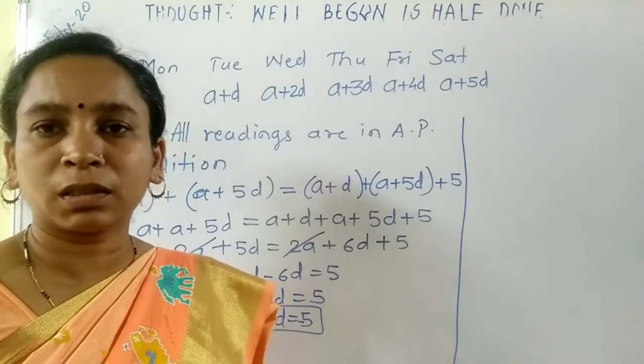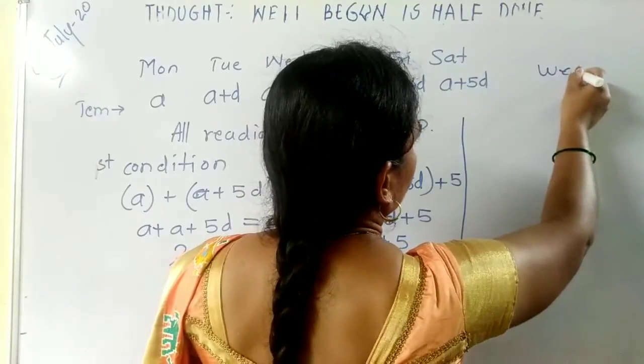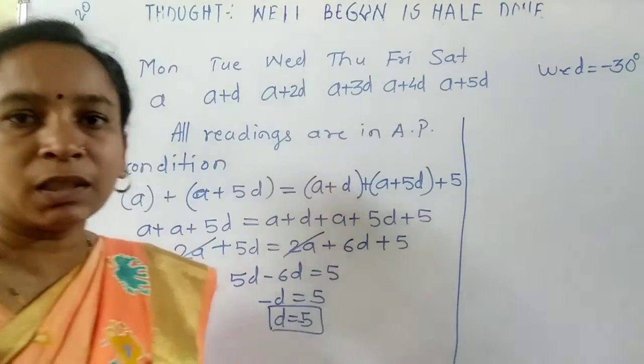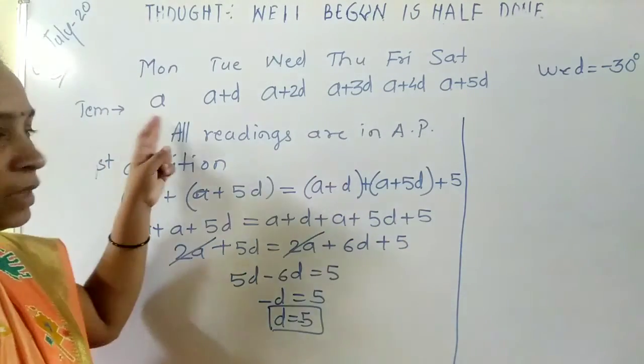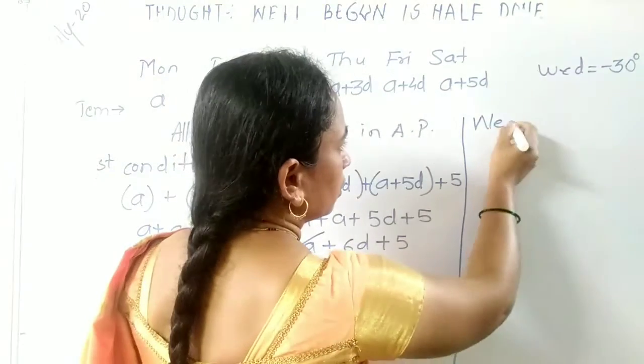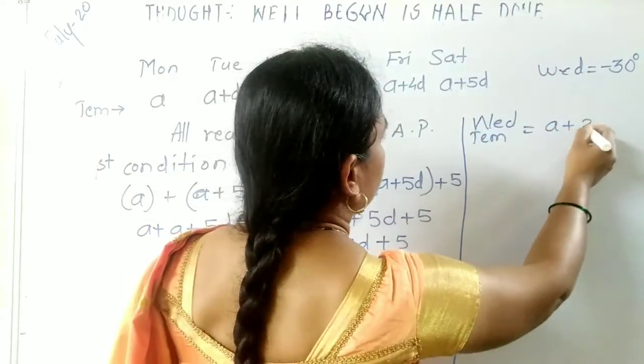Now one more thing is given, Wednesday's temperature. They have given it is minus 30 degree. Using this information we will find out A's value. Wednesday's temperature is nothing but A plus 2D.